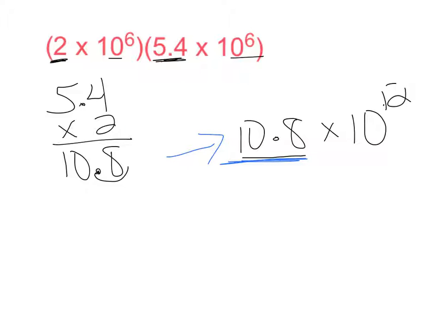We know if we move our decimal point one more time, that would work. So that would leave us with 1.08, which is greater than or equal to 1 and less than 10. Well, if we moved it one more, what does more mean? More means to add, and we add 1 to our exponent of 12, which will give us an exponent of 13.